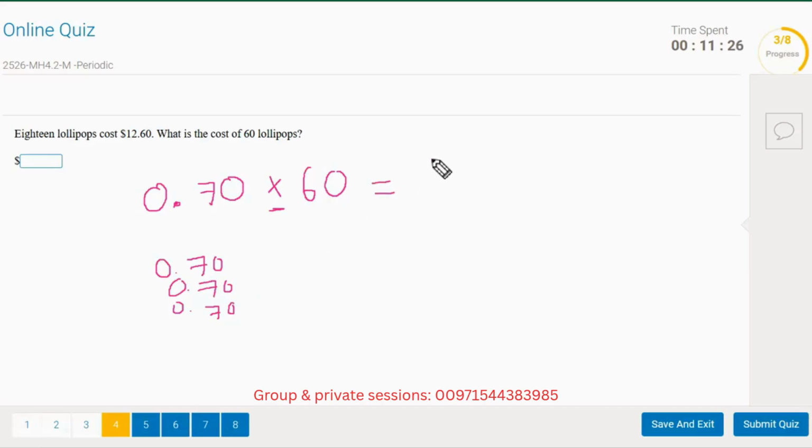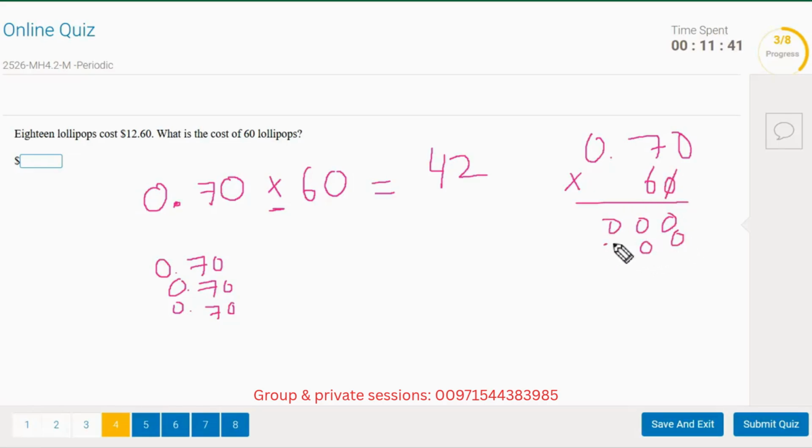So 0.70 times 60 is 42. Let me show this to you as well here, 0.70. 6 times 0, 0, 2, 4. 6 times 0, 0, 4. Now remember, whenever you want to put the decimal point, let me show it with black. There are two numbers after the decimal, 7 and 0.